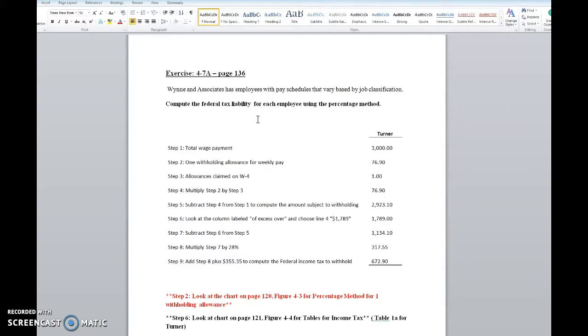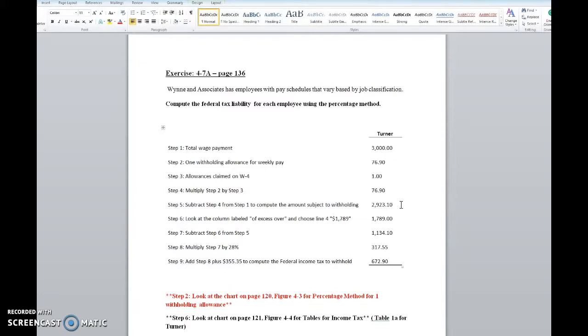He claims 1 on his W-4, so 76.90 multiplied by 1 would be $76.90. We're going to subtract step 4 from step 1 to compute the amount subject to withholding. So $3,000 minus $76.90 would be $2,923.10.